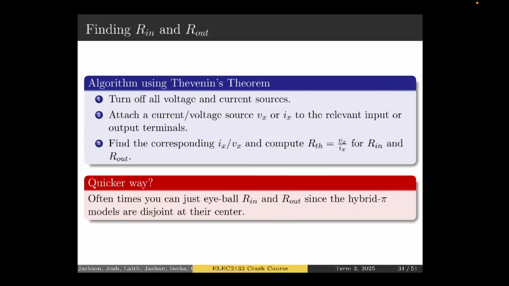So many of your amplifier circuits, you could imagine something like this is some sort of amp, maybe a MOSFET amp. You've got some V out and then some V in. If you look from the input, you would get some input resistance, and if you look from the output, you've got some output resistance. For certain configurations, these would have different values. For MOSFET, generally you'd see really high input resistances and very low output resistances.